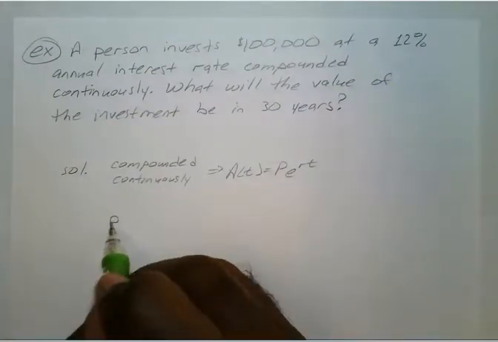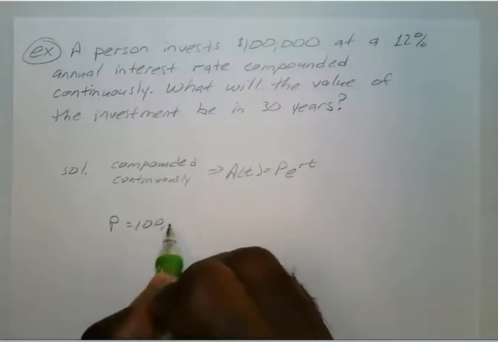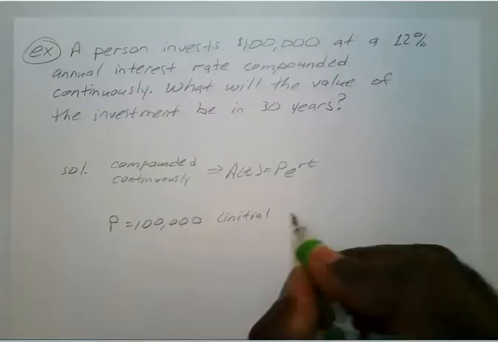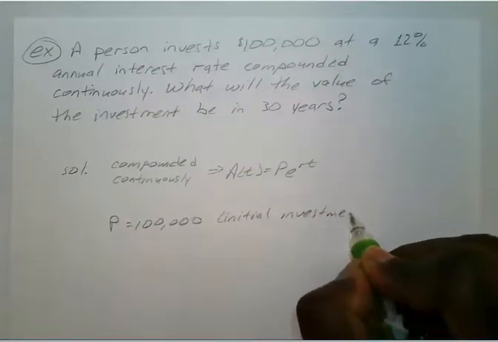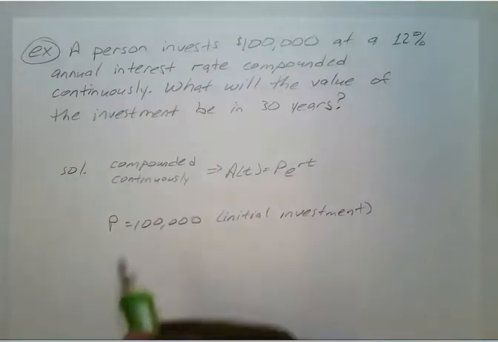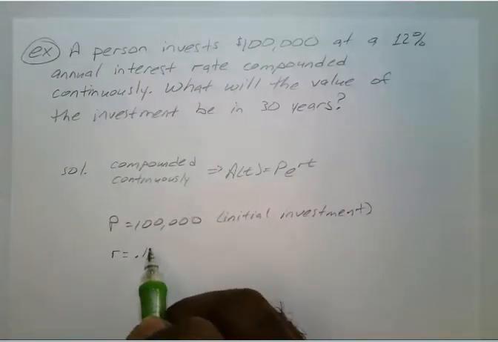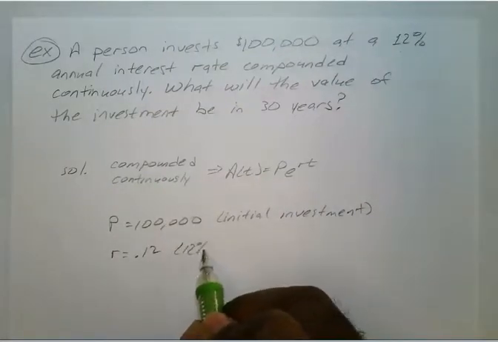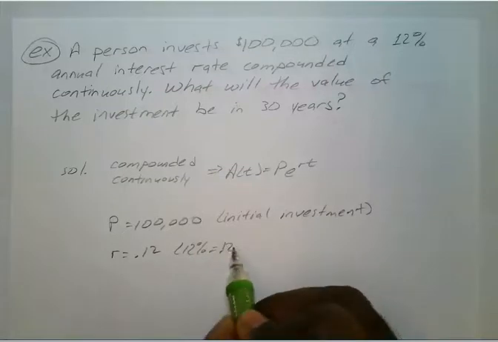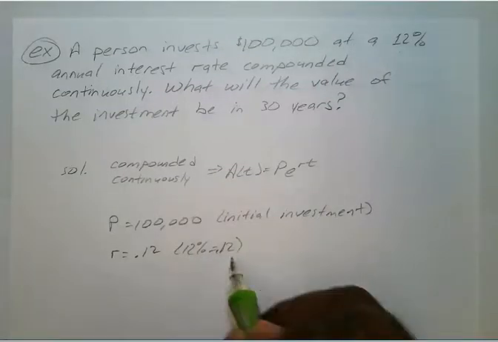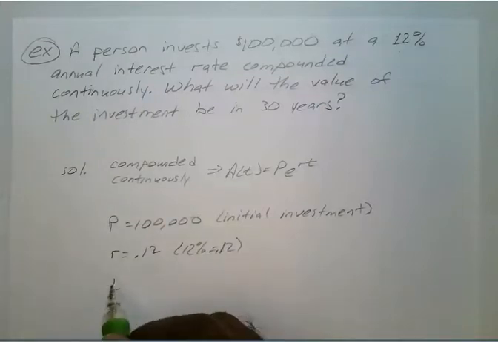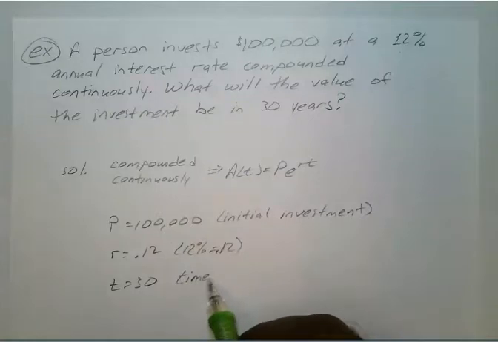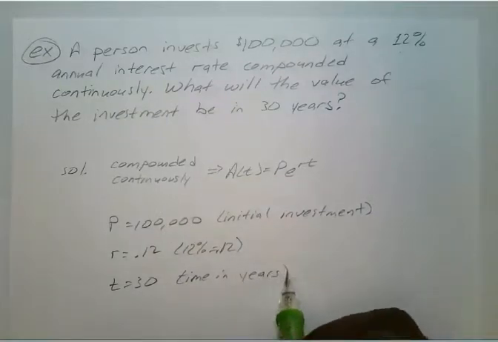Our principal is 100,000, which is our initial investment. Our interest rate is 0.12 because 12%. And our t is equal to 30, time in years.